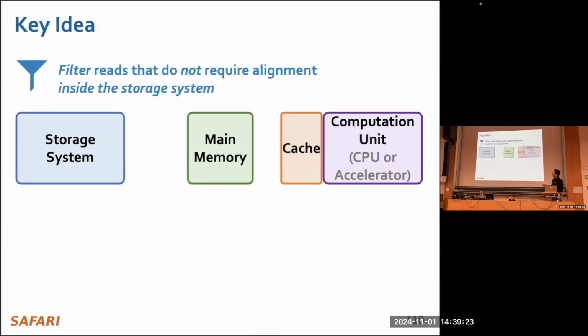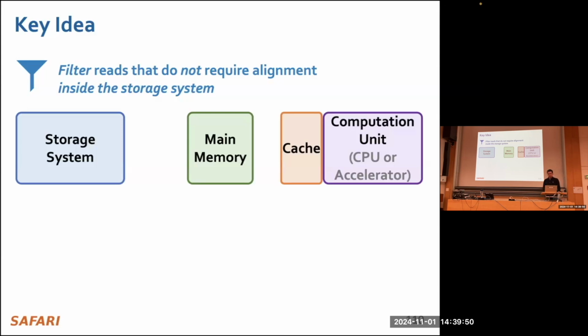And we do this basically in GenStore by filtering the reads that sit in the SSD that do not require maybe costly computation in the later steps. Rather, maybe we can do some simple computations within the SSD so that we don't have to move them across the many levels of the memory hierarchy, right?